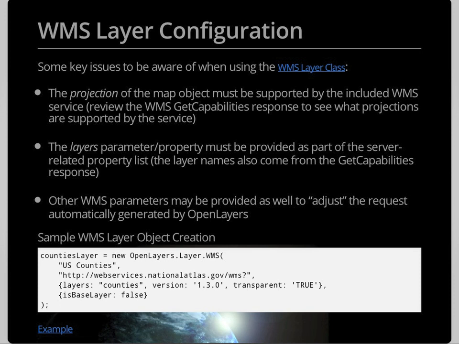So that completes our example of how to go through the process of creating a map that contains a set of externally hosted WMS layers.